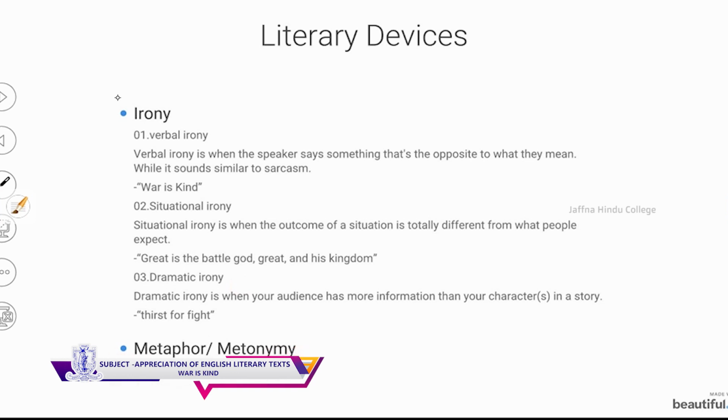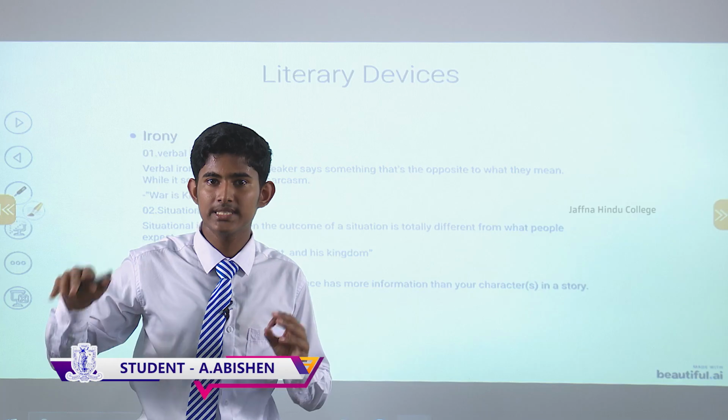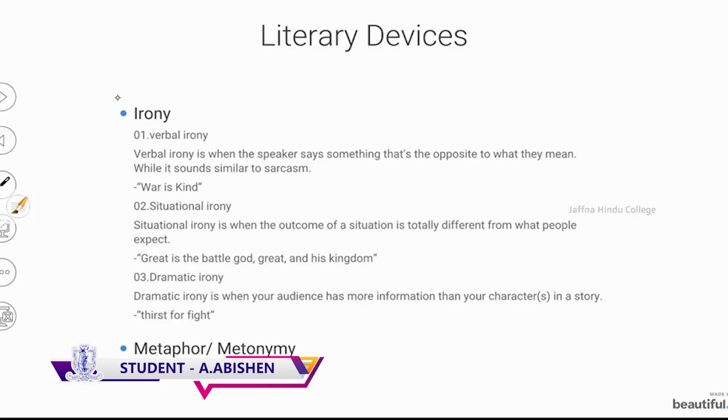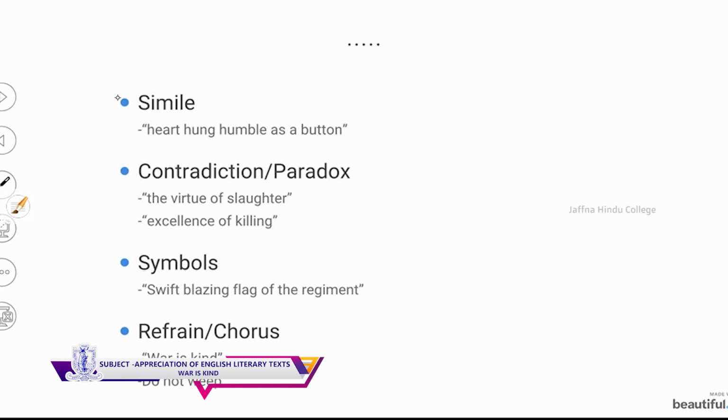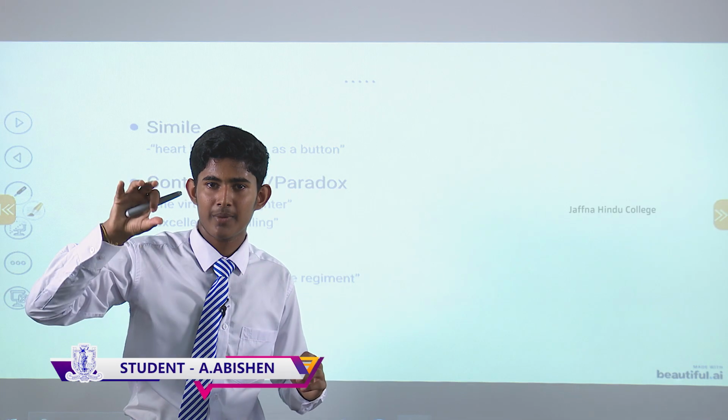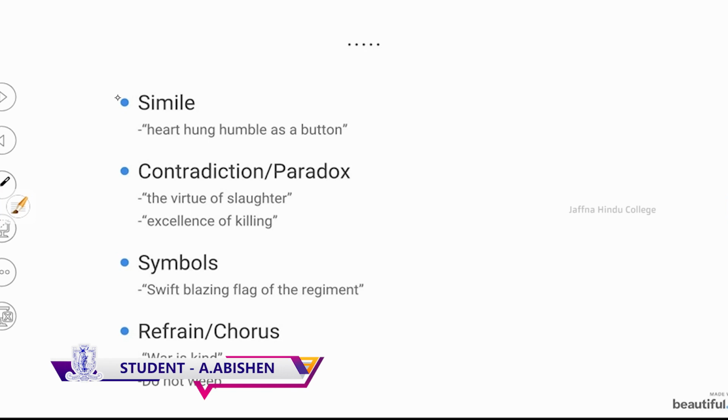Then the metaphors or metonymy, as I already mentioned, the little souls refers to the young man who is the backbone of the society. Then here we have simile, as also discussed in the previous slides, as hard hung, humble as a button. The words as and like are the words that are used in simile.